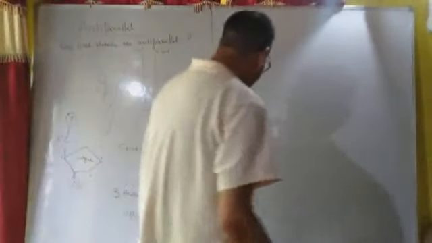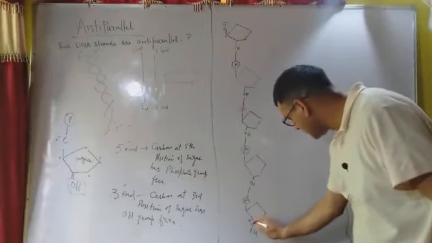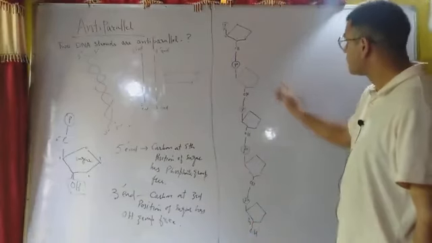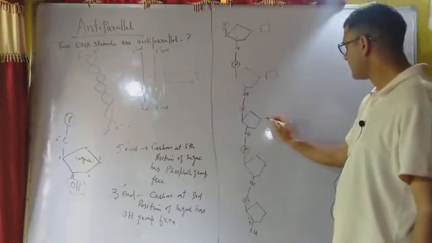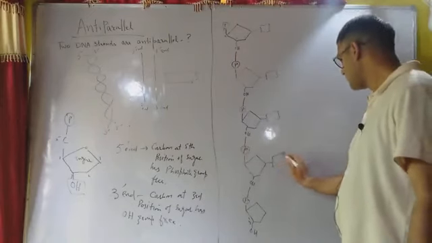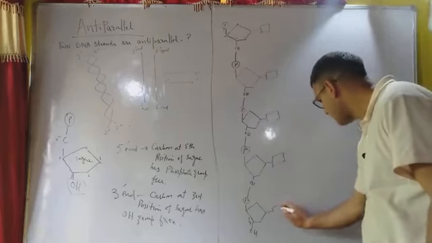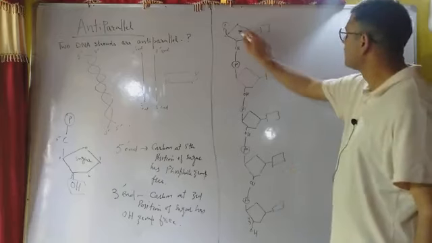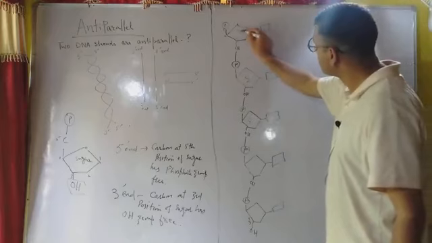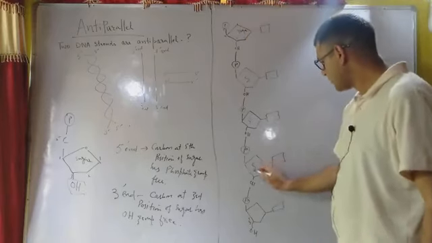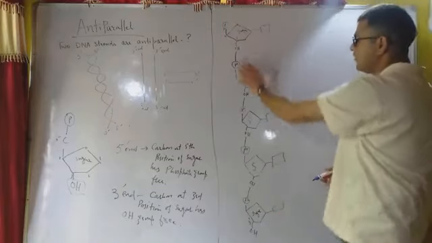So we can say that this phosphate is present at the 5th position, and this hydroxyl is present at the 3rd position. So here, what are present? Nitrogen bases are present. This is sugar, this is sugar, this is sugar, sugar and sugar component. This is one polynucleotide chain.